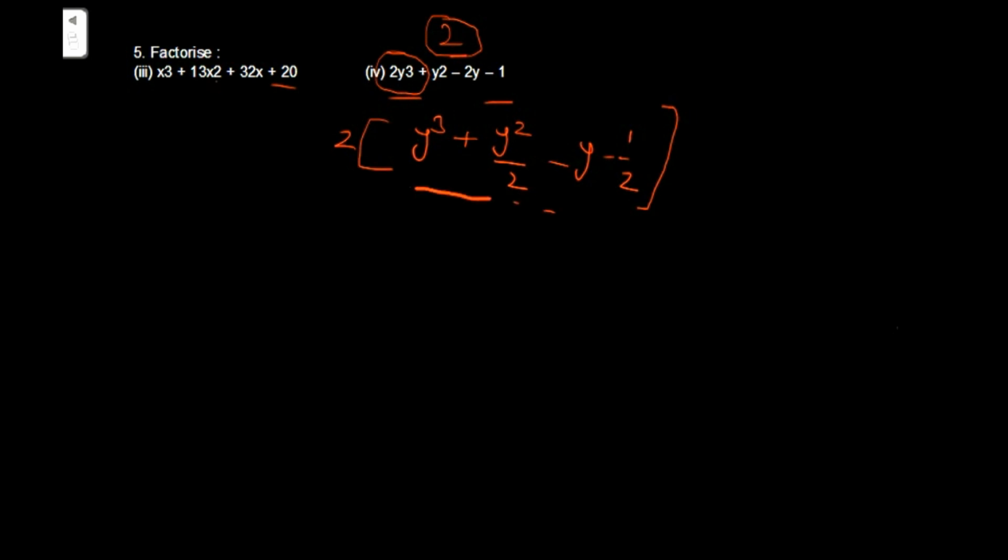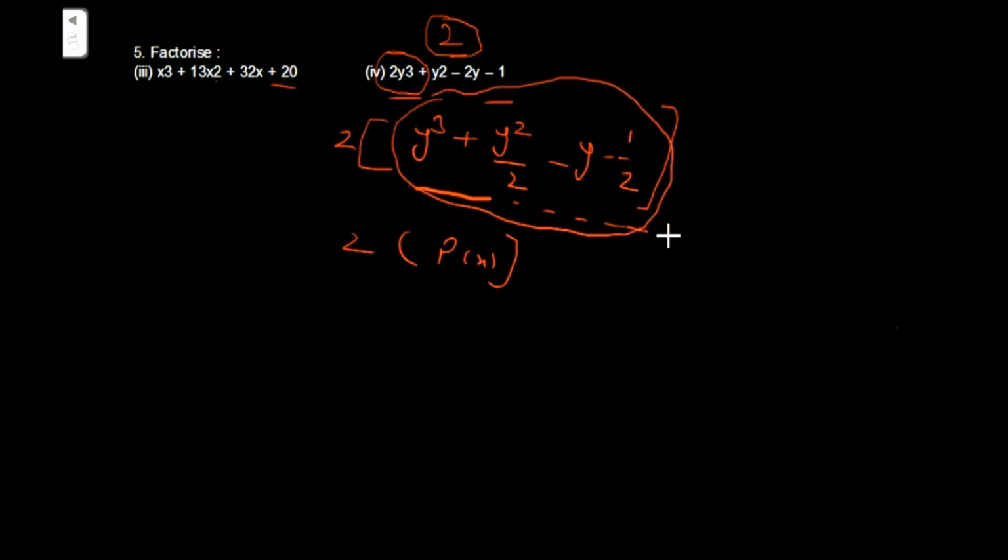So, to apply the factor theorem, I will apply this with this p(x), which is this polynomial. And here the constant number is minus 1 by 2. So the constant is equal to minus 1 by 2.